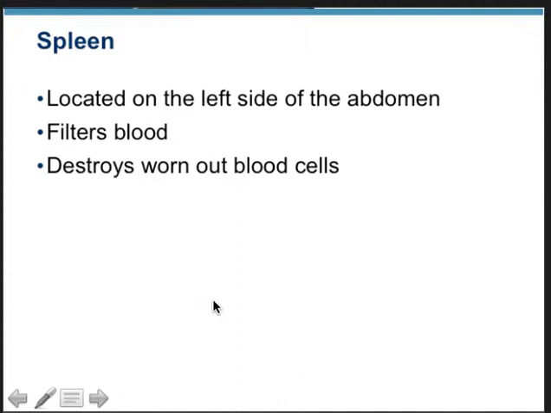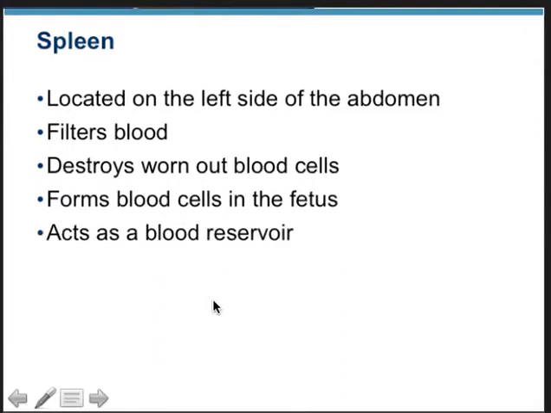It also acts as a blood reservoir in the adult and a blood-forming organ in the fetus. By the time that we're adults, however, its role as a blood-forming organ has been relegated to the red marrow as our primary hematopoietic tissue.